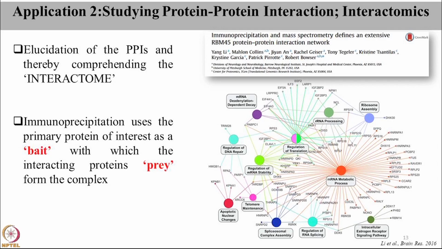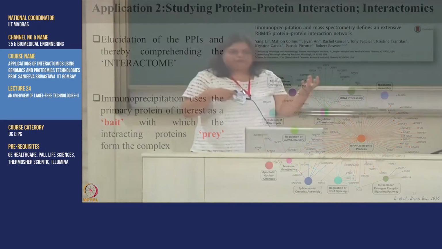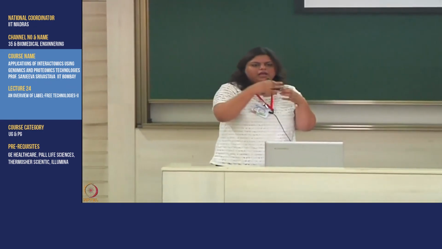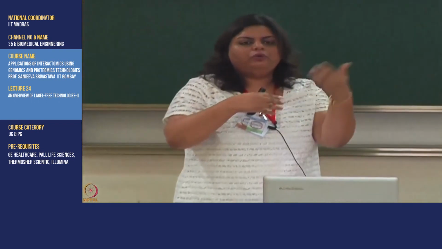In the first slide, I had mentioned that the protein of interest can be used as a bait to which the various interactors will come and bind, so you can identify the direct interactor. If protein A is interacting with protein B, say STAT3 is bound by a direct interactor like Jun, you can even identify proteins that are bound to Jun.